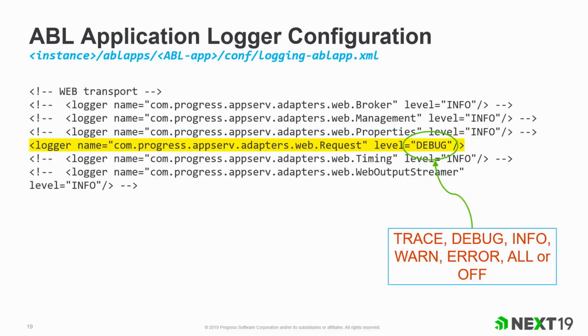So they're all in there, but they're all commented out. All right, so if you want to bump up the logging for one group of log messages, you find the area you want, like web transport, you want to see more about requests, you'd uncomment that one line, and then you can bump up the logging level. Does that make sense?